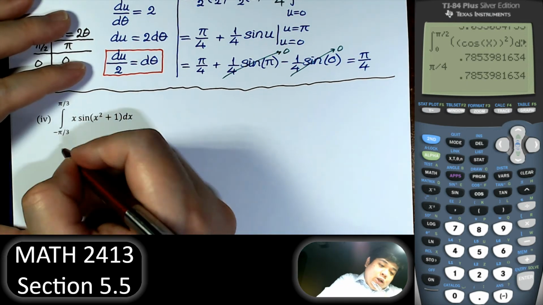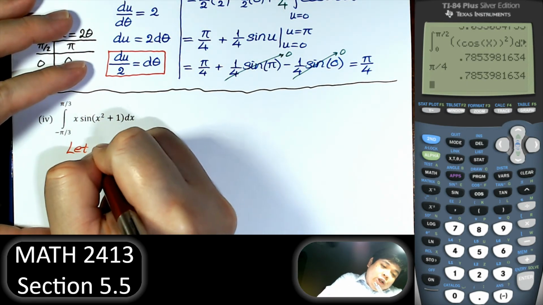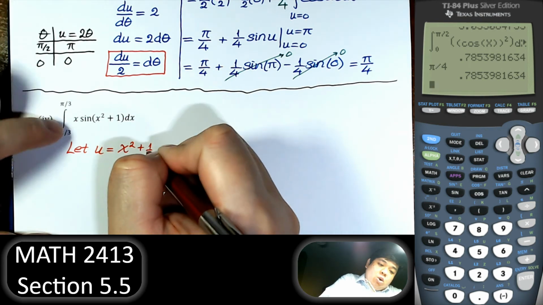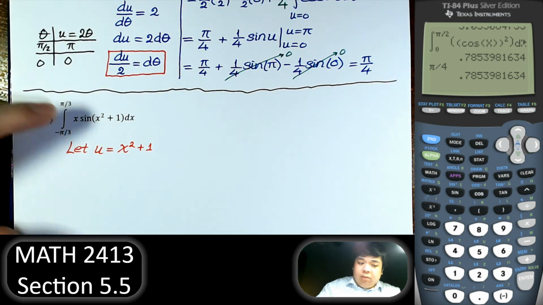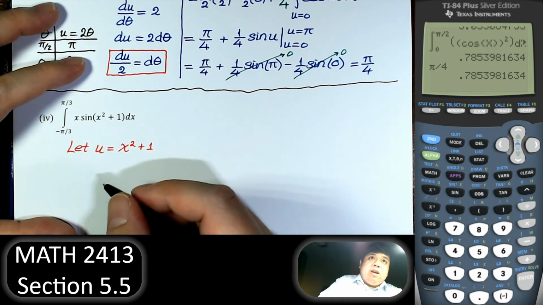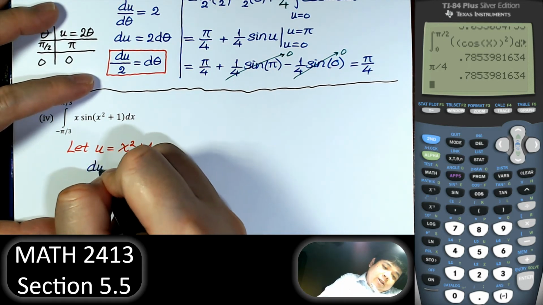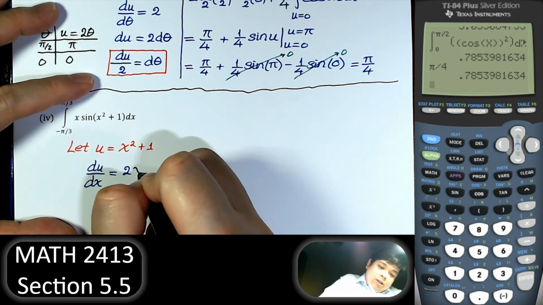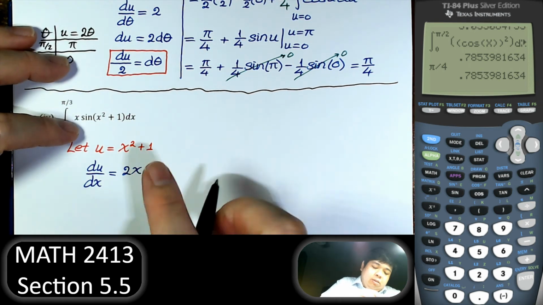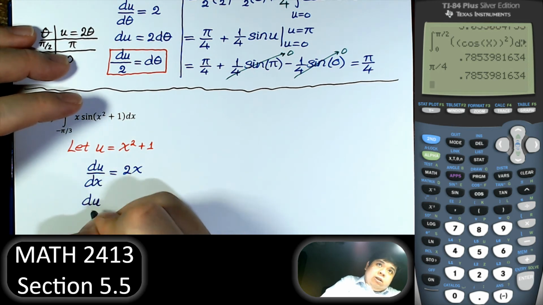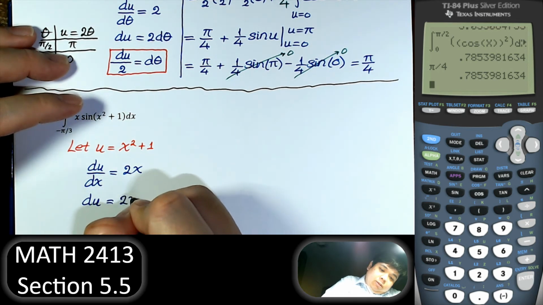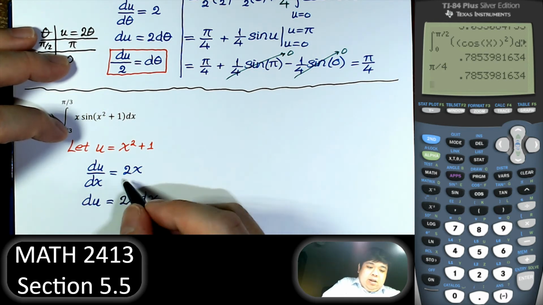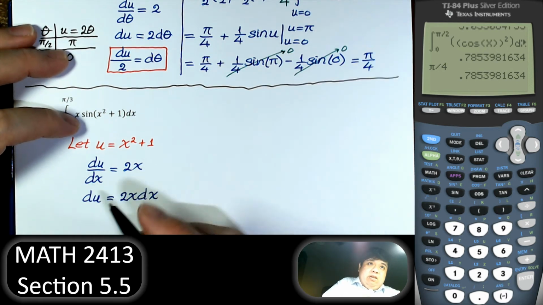But usually, the derivative of what we let equal to u should cancel with what's left of the problem. So we have that the derivative is equal to 2x. Move the dx over and then divide by 2x.